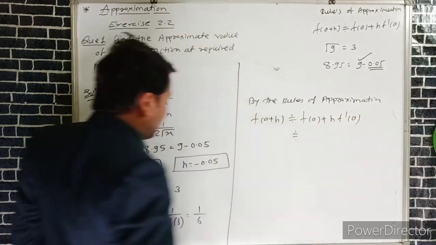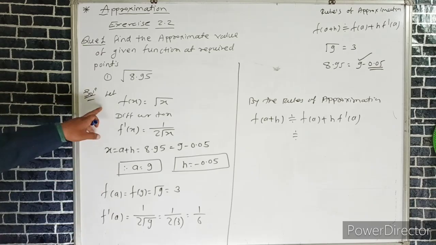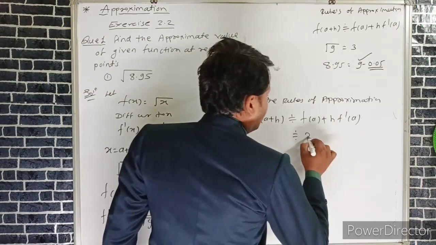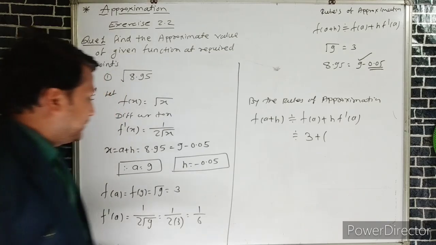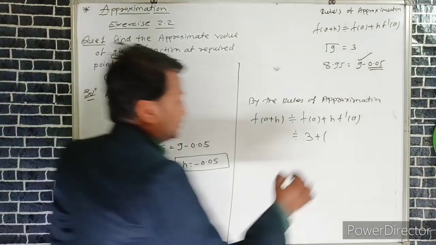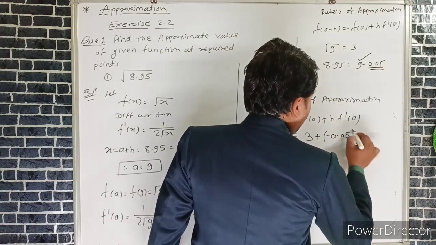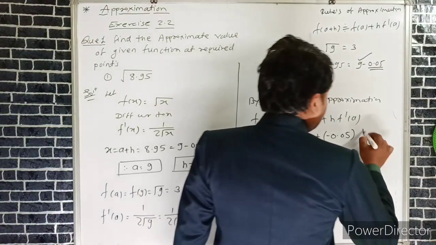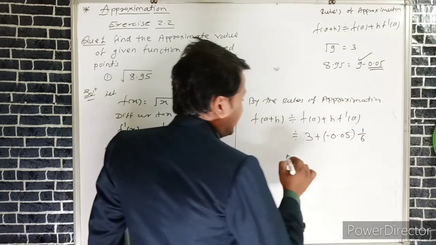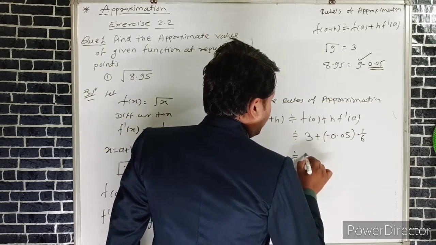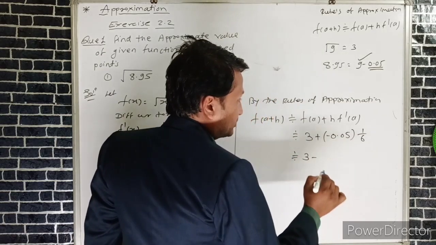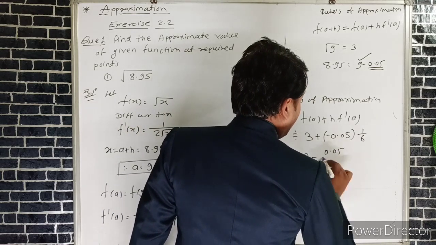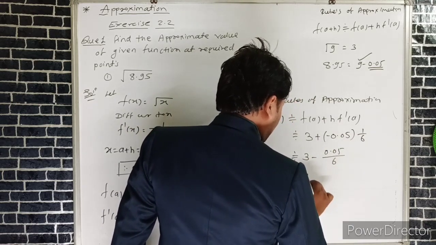Here the value of f of a is 3, plus the value of h, which is minus 0.05, into the value of f dash of a, which is 1 by 6. So here we can write approximately 3 minus 0.05 upon 6.